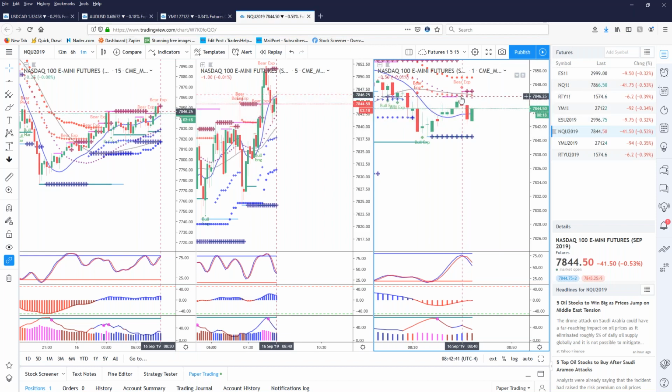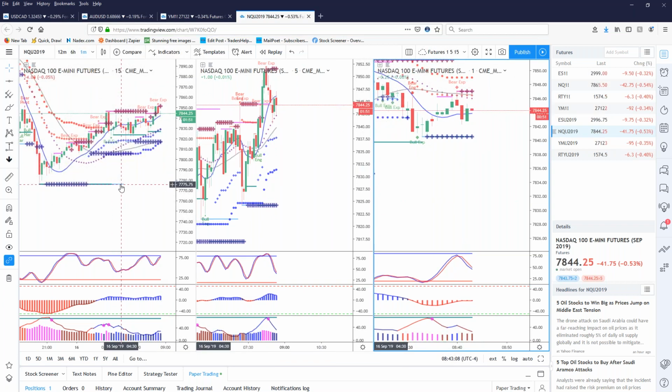So this is telling me you've got the 1, the 5, and the 15 all developed resistance in that area. Just like you can see it very clearly over here on the 15 minute. The 15 minute, the 5 minute, and the 60 minute all developed the support area right here.